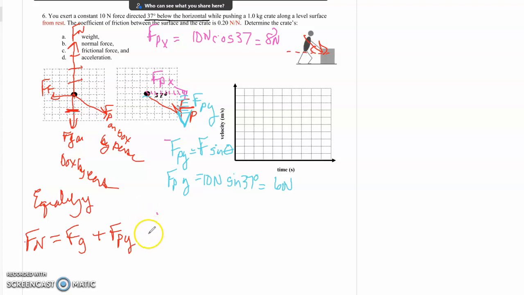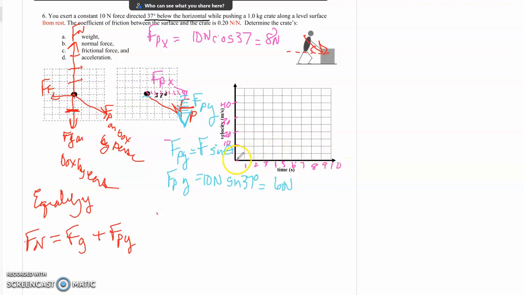You exert a constant force. Constant force causes a constant acceleration while pushing the thing along a level surface from rest. So if something starts from rest, right? I'm going to come over here and take a look at the graph now. So I'm going to say 10, 20, 30, 40, maybe 1, 2, 3, 4, 5, 6, 7, 8, 9, 10.